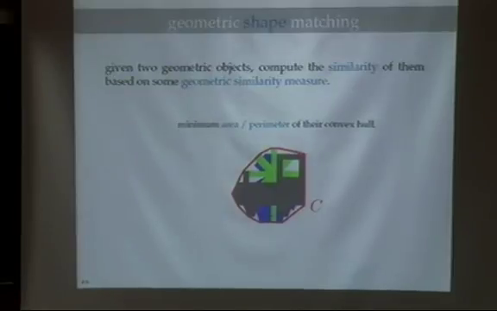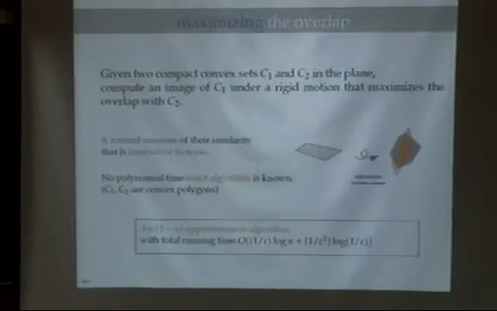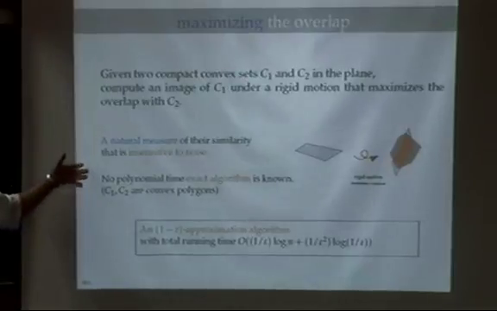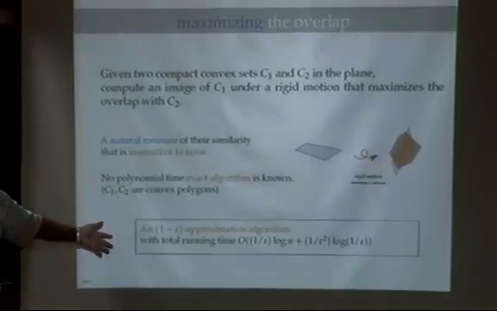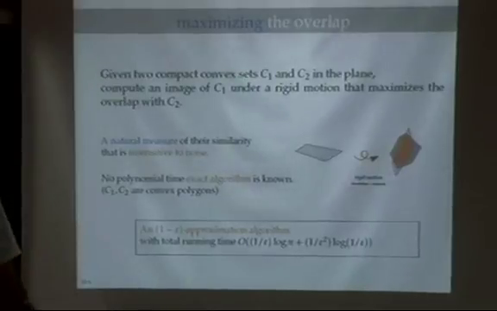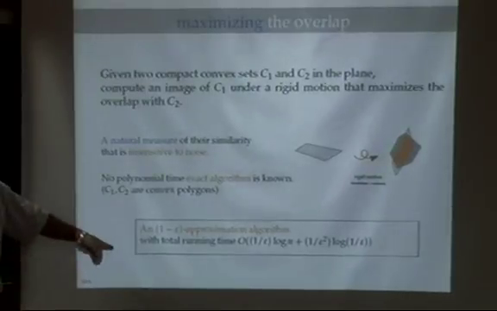We are given two geometric objects and a geometric similarity measure, and you need to compute their similarity based on this measure. For this maximum overlap problem, we only have a 1 minus epsilon approximation algorithm that runs quite fast.